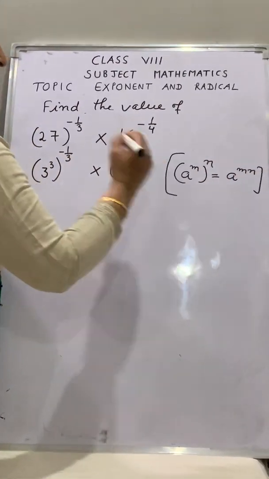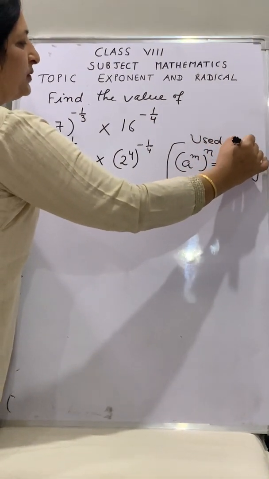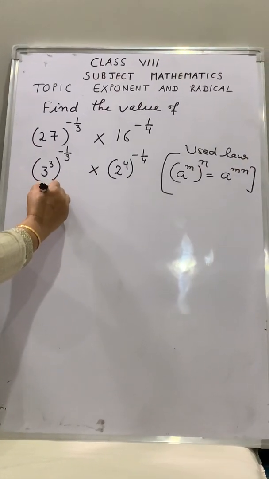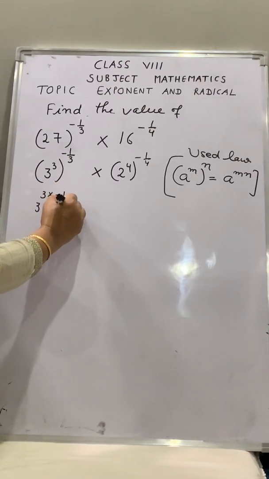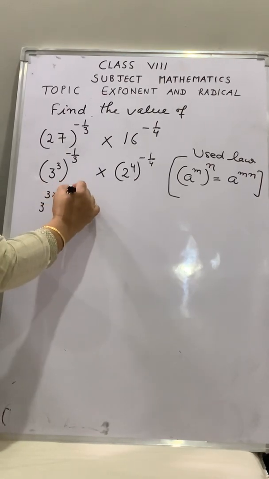Write in bracket. You can write used law of exponent. Now 3 raised to power 3 multiplied by minus 1 by 3.